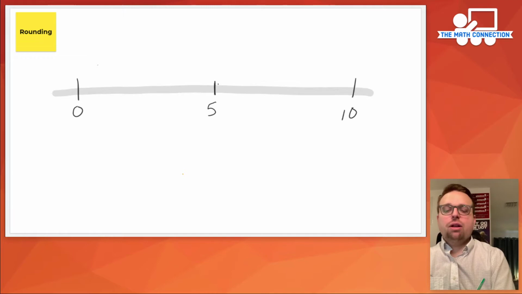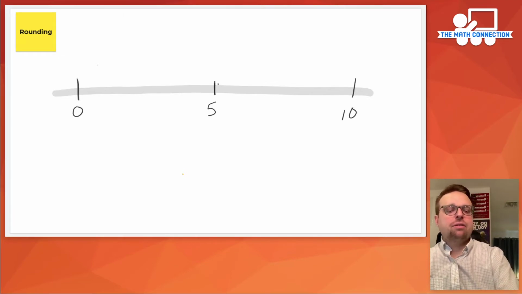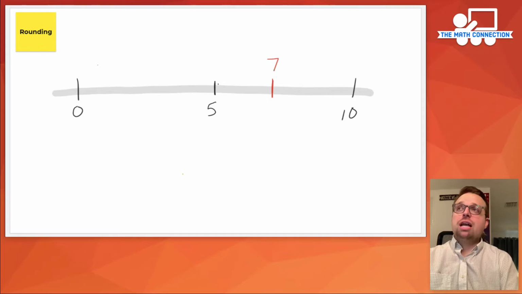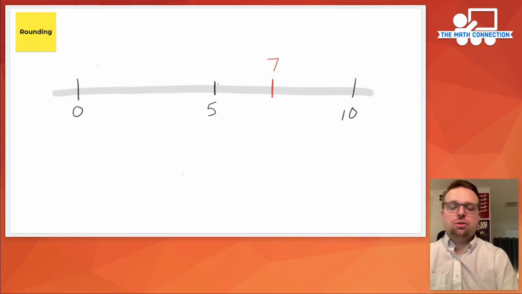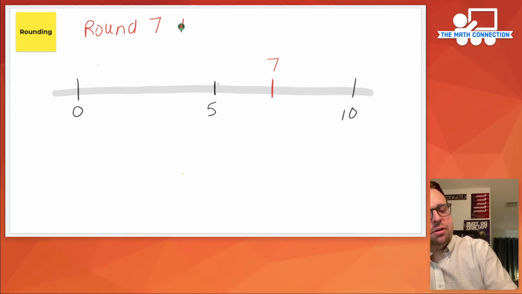So let's say I gave you a number, and the number is going to be 7. So 7 is right here on the number line. I'm going to put that number above. We're talking about 7 now. My question to you is, let's write this out: round 7 to the nearest tens place.